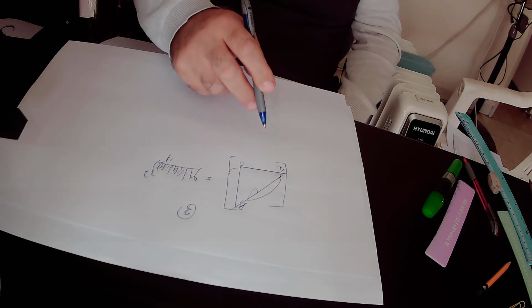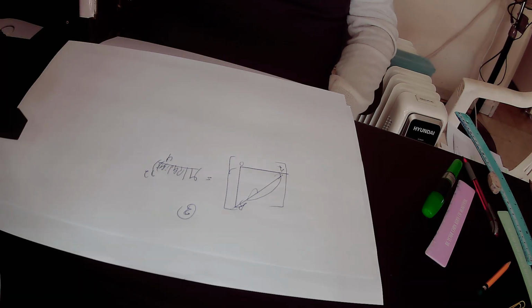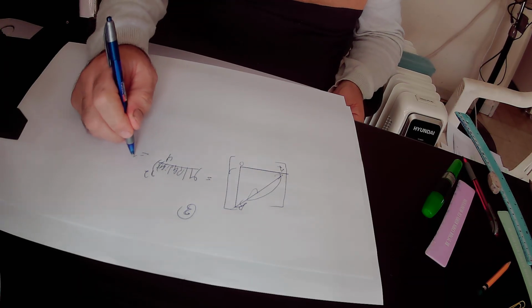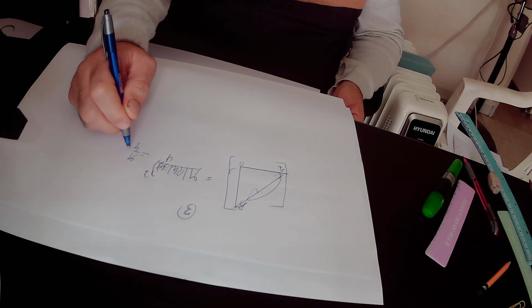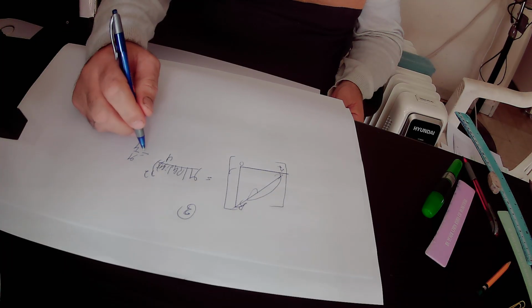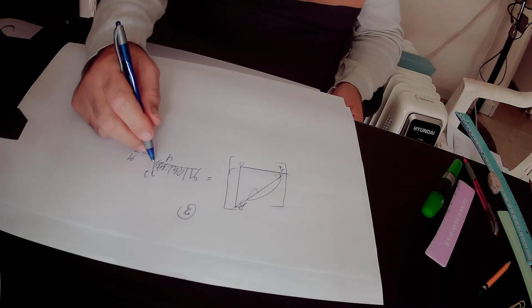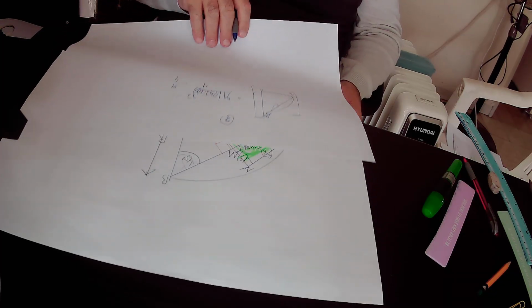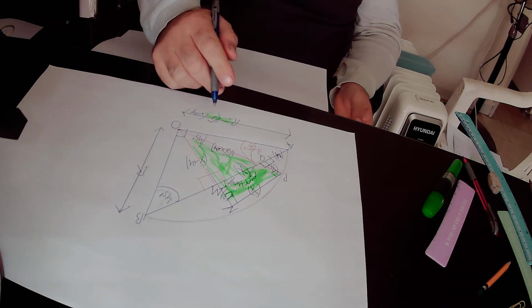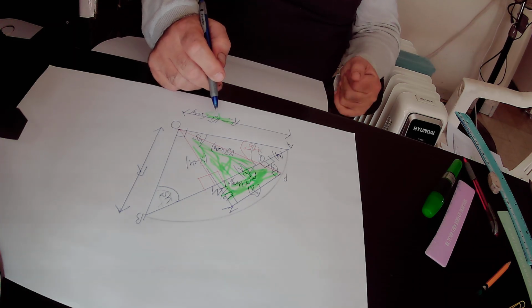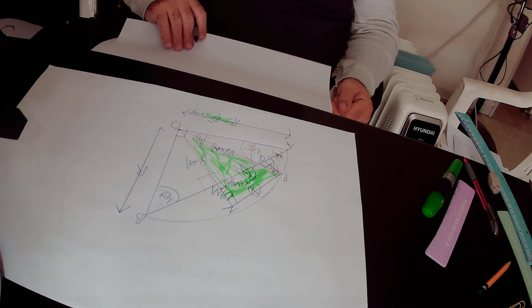That will be the area of the quarter circle AOB. So it is pi over 4 times the radius of the circle squared. The radius of the circle is also the radius of the quarter circle, of course, and the radius is the square root of 2 times x plus 4.